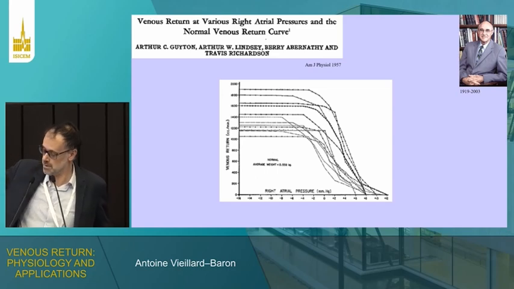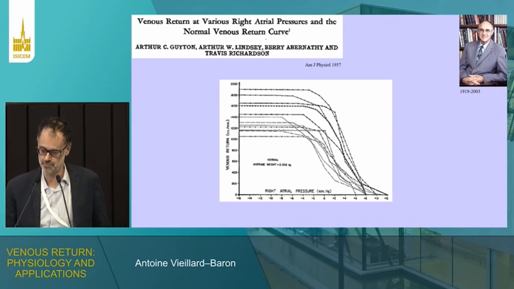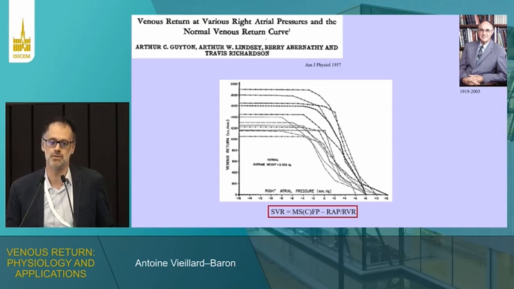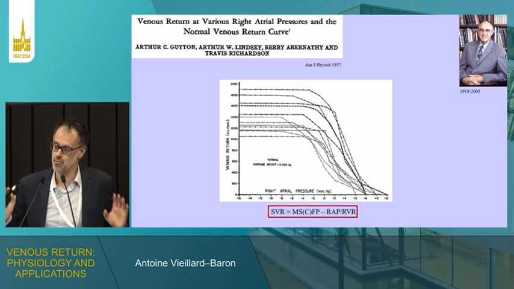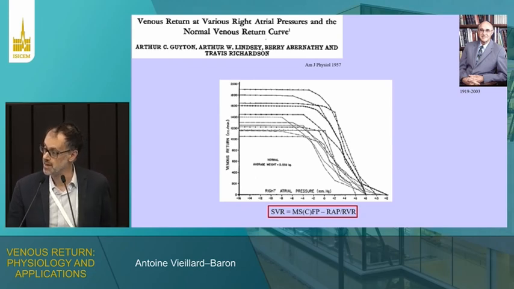And when you are at zero venous return, I mean when the curve crosses the x-axis, it means that the right atrial pressure is equal to the mean systemic filling pressure. So this is the equation of the systemic venous return. You have a forward pressure, which is pushing the blood into the chest and the right heart.